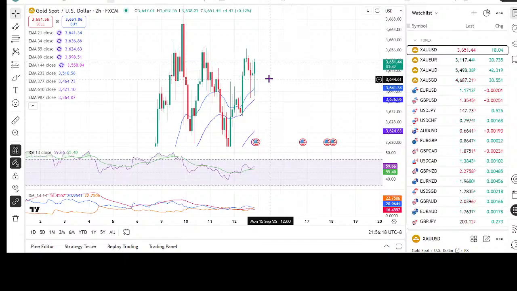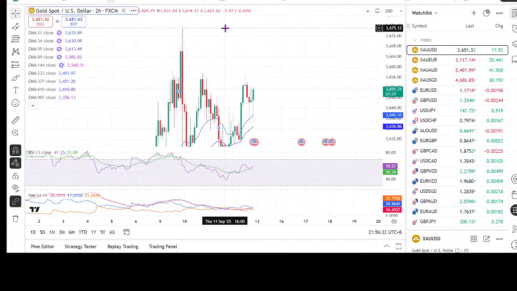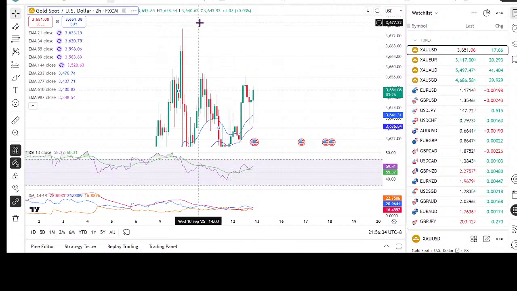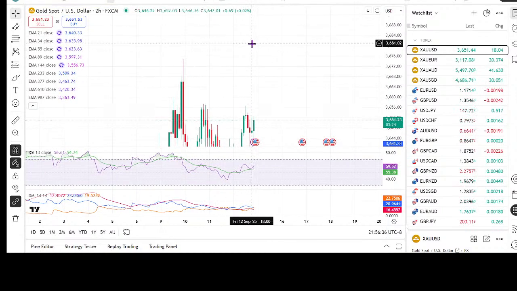Okay, for instance, let's say I were to project this. I can project one target at 54, another target at 56, another at 67.5, then another target even higher.